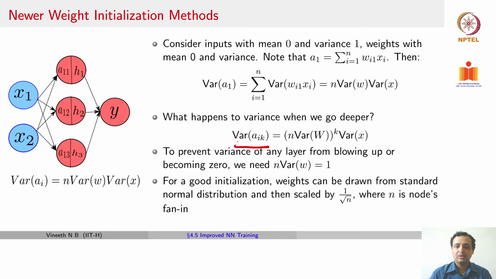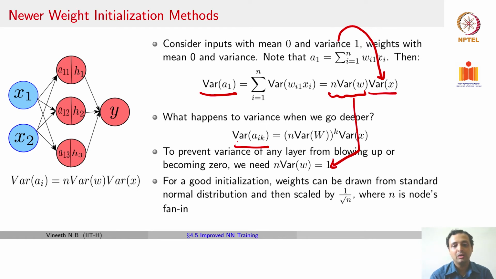Remember now that we already know the variance of x is given to be 1. We would want the variance on every succeeding layer also to be 1, because that would ensure that even the layers in between are normalized. So we would ideally want the variance of A1 also to be 1.